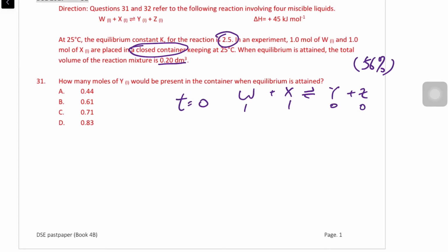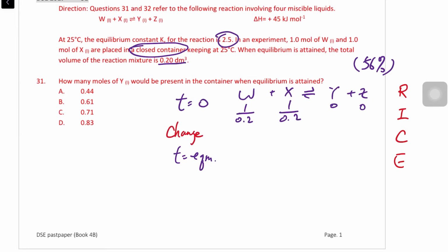But the story hasn't ended here. Again, we need to divide by the volume. So the Kc is given as 2.5. So what will be the concentration in equilibrium? Now, still remember the RICE, and what we're missing is C, the change.